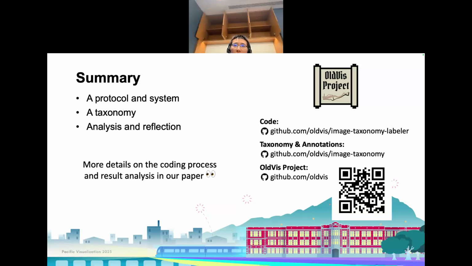Not really. At the moment, our approach is that we do not consider the historical context when coding the images.